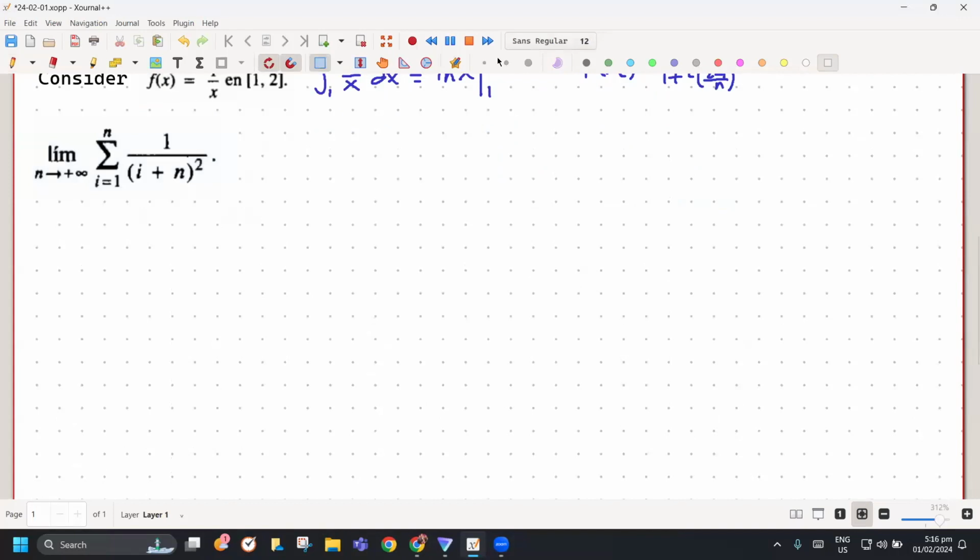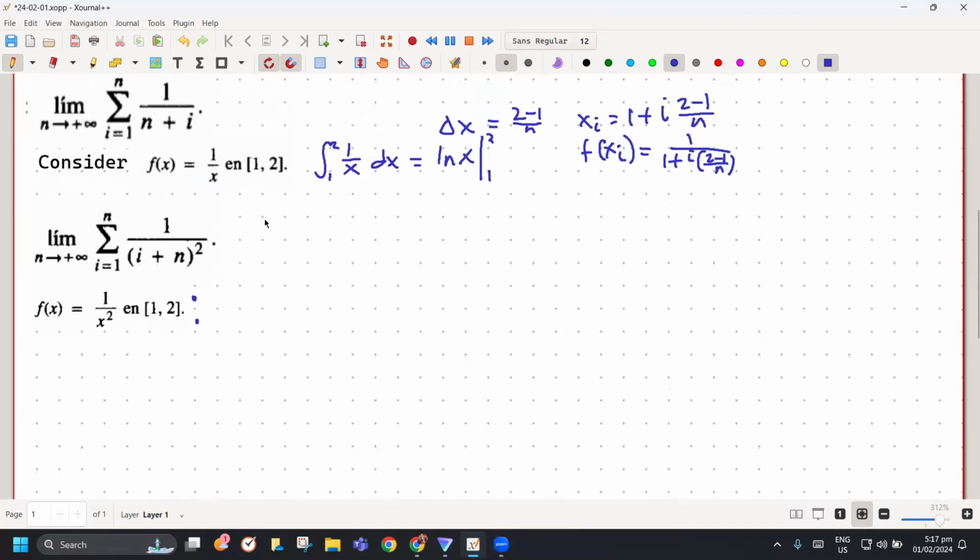Express this as a definite integral and then consider the limit. Negative naman na, so -1 na lang.